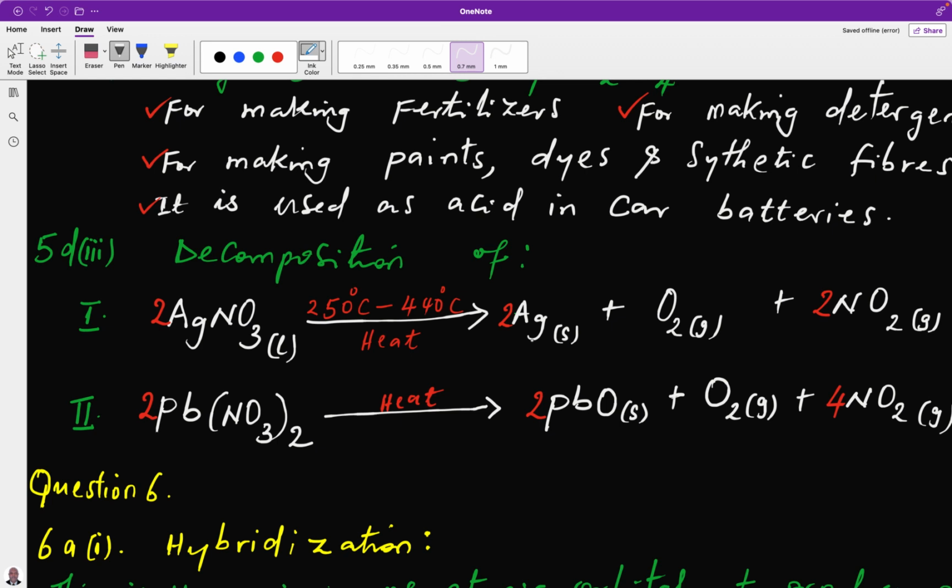Lead nitrate, when it is heated, forms lead oxide, and oxygen and nitrogen dioxide are also released. These are the actions of heat on these two substances. They undergo decomposition under heat.